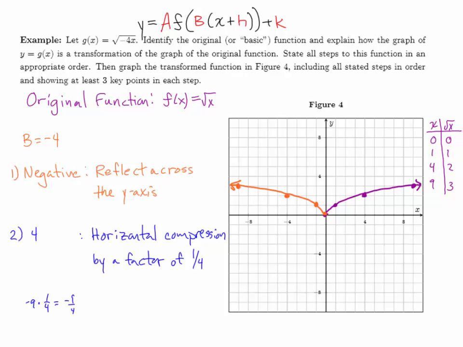So I'll plot that then. I'll go to about negative 2.25 and 3, so in there. And then negative 4, 2, that one's a little bit easier. I'll multiply that x value by 1/4, so that'll go to negative 1, 2.